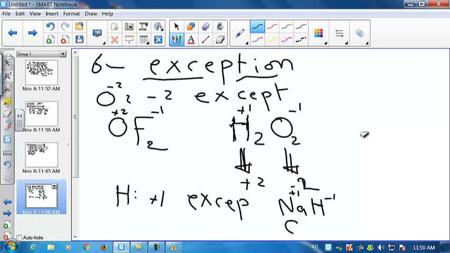Calcium hydride, CaH2, because calcium is divalent, so calcium is positive 2, negative 1 for the hydrogen multiplied by 2, negative 2, okay? So hydrogen is positive 1, except in hydrides it is negative 1, as you see here. This is also an exception, and that's it.